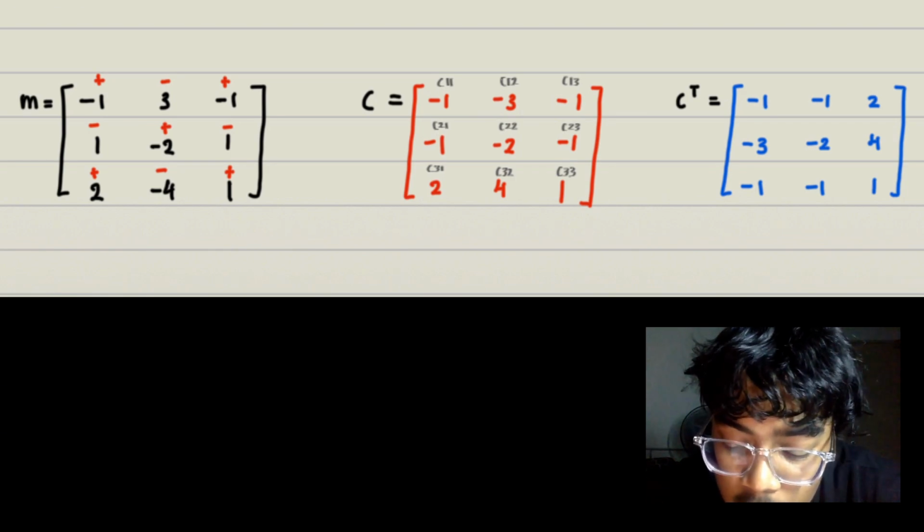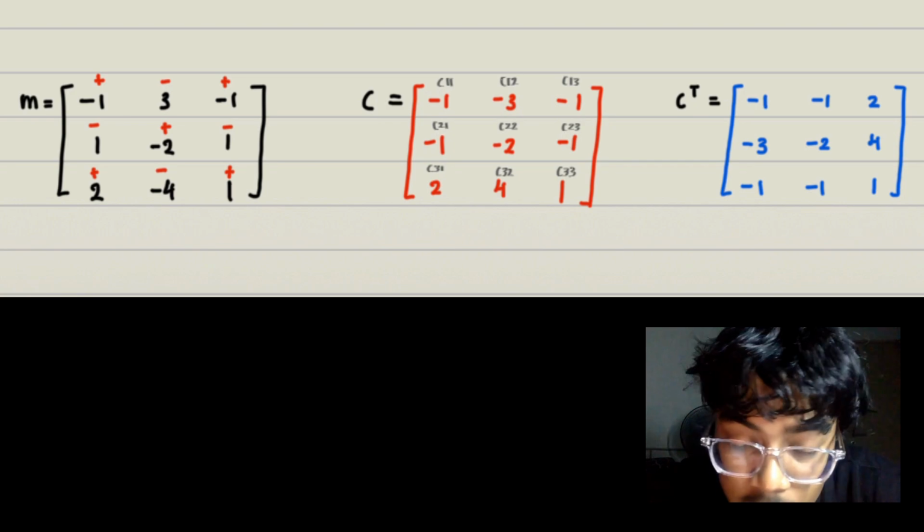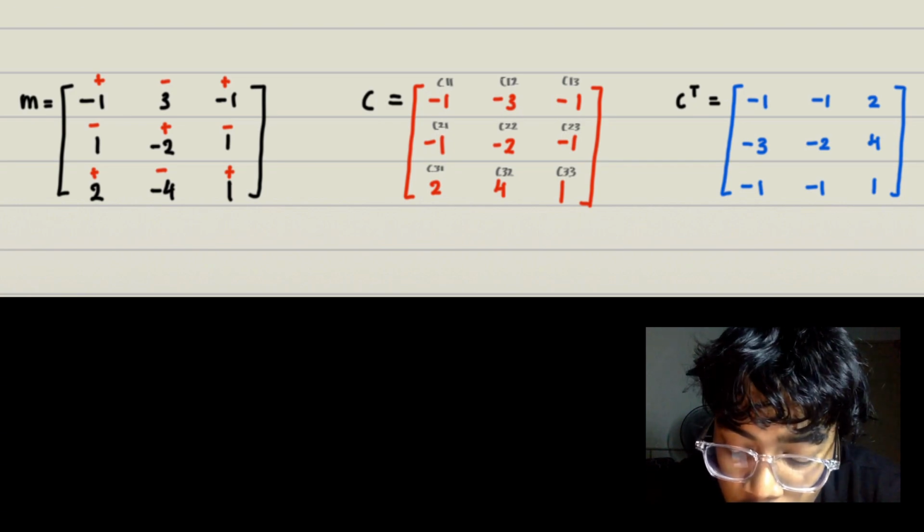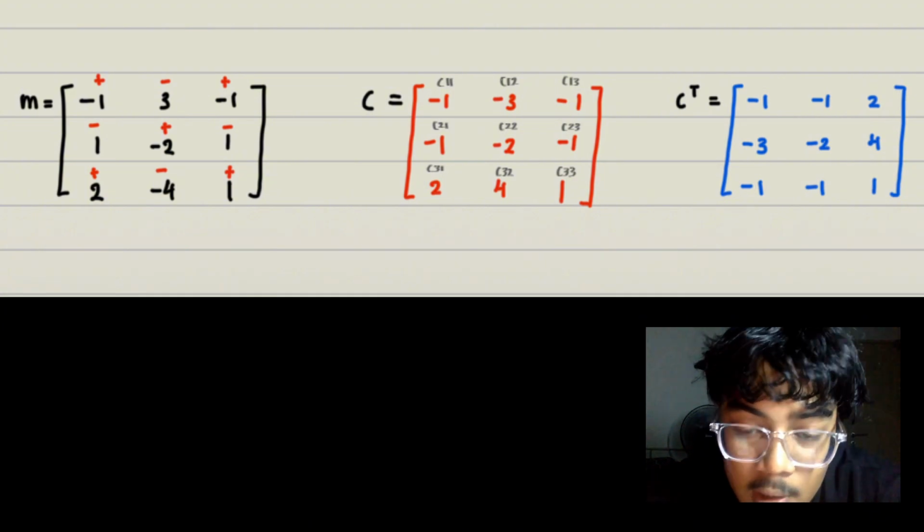Now for the second row, negative 3, negative 2 and 4. Now for the final row, negative 1, negative 1 and 1.